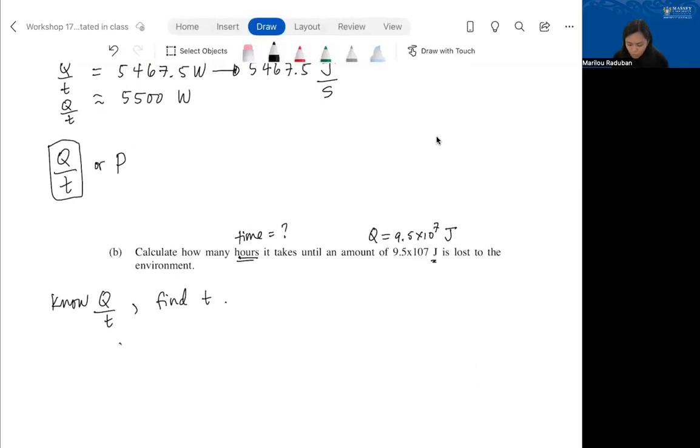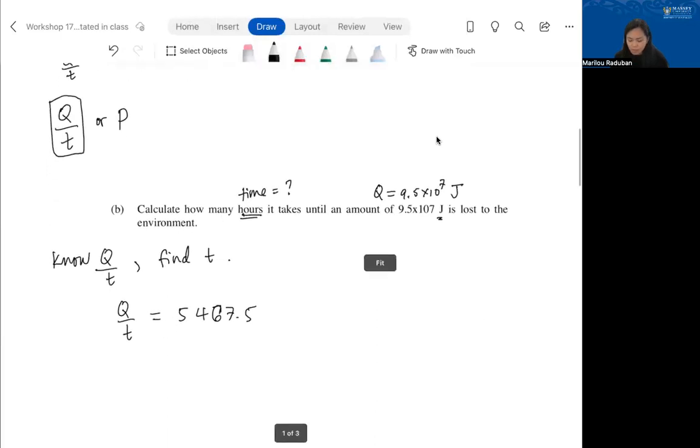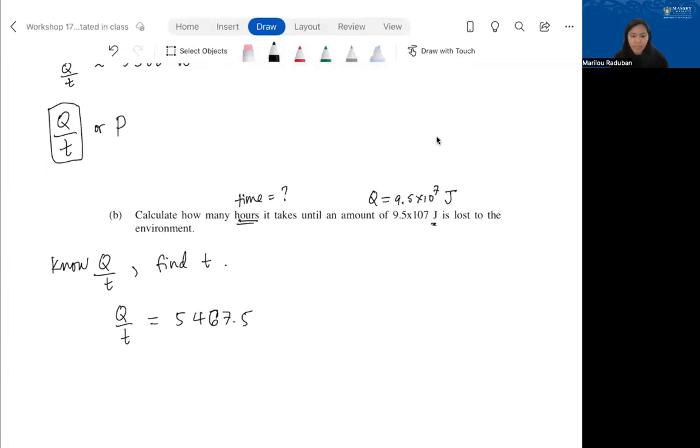Right. So Q over T, we found that as 5,467.5 joules per second. Okay. And we want to find T. Right.